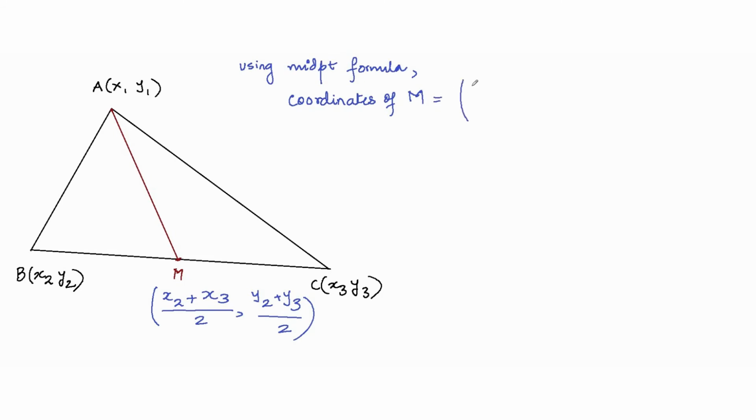So the coordinate of M is (x2 + x3)/2, comma (y2 + y3)/2.